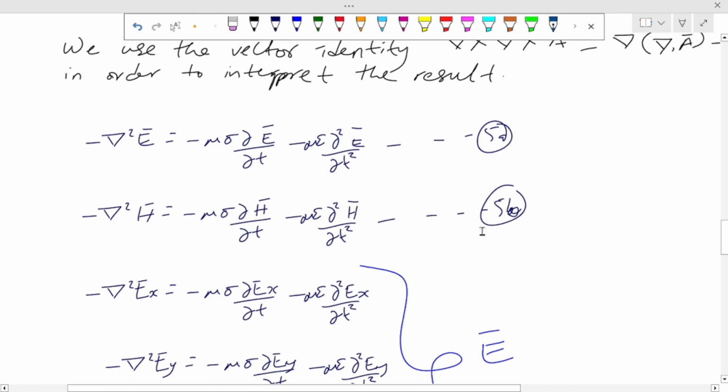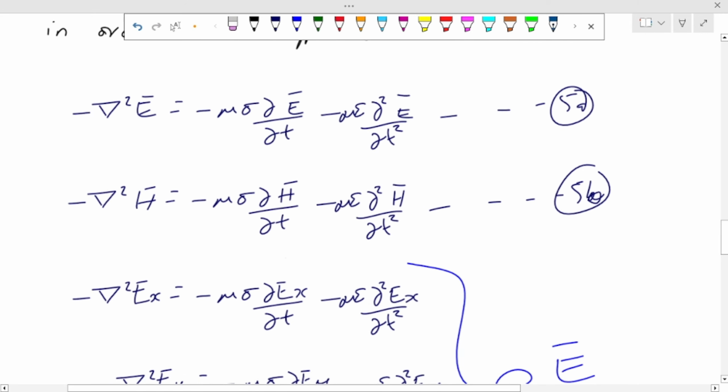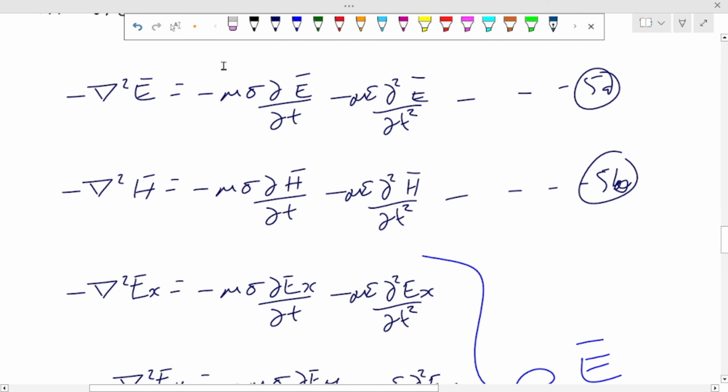Now, since we already have these parts, this is the vector E. This is a vector H. Now the scalar components of the vector, when I say scalar components, I just mean in the x direction, y direction, and z direction.